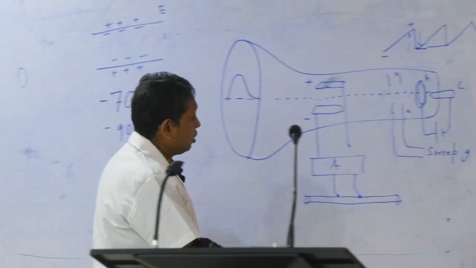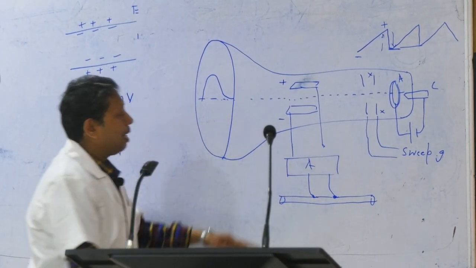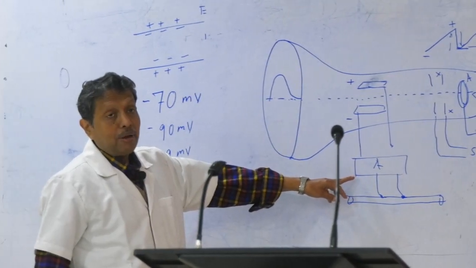There are also other devices described in different texts, but the cathode ray oscilloscope is unique in that it can recognize that a potential difference does exist across the cell membrane. Suppose this is the condition, and both electrodes have the amplifier, which can amplify the voltage 1,000 times.